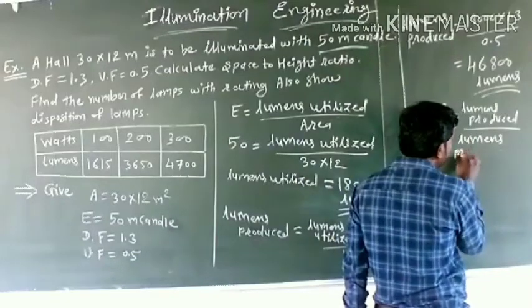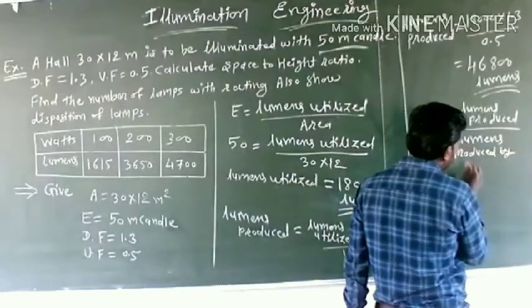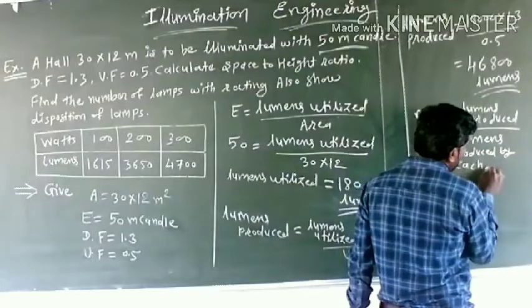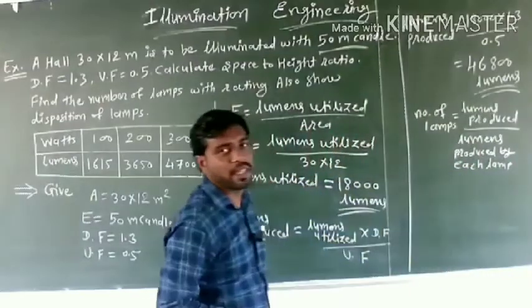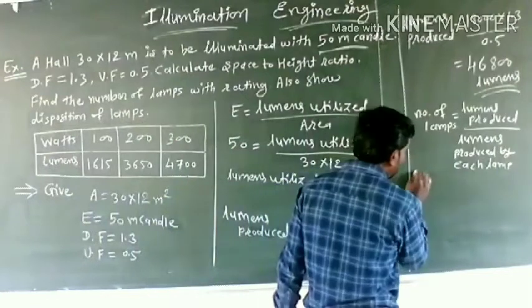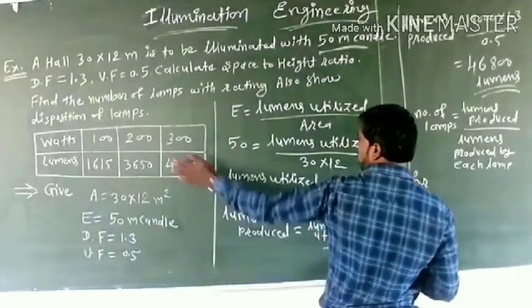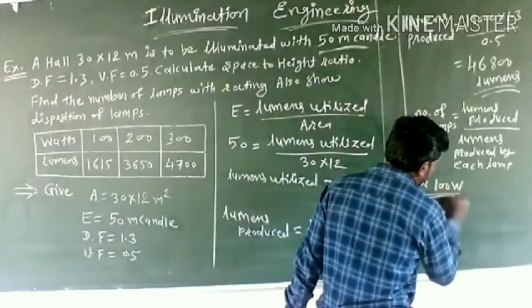Lumen produced by each lamp or single lamp. From this formula, we can easily calculate the number of lamps. So let us consider first from table the 100 watt.